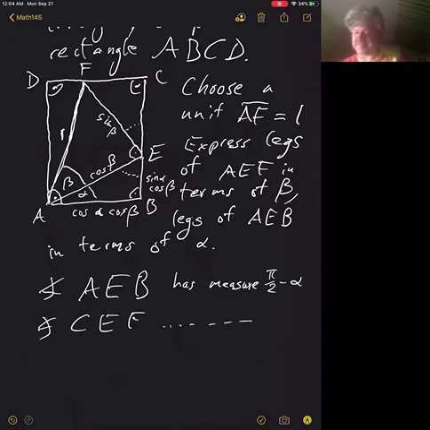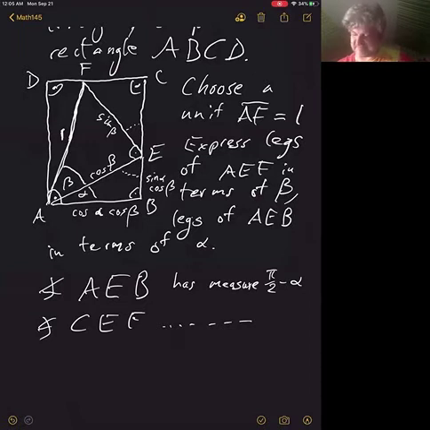As measure, pause the video, 30 seconds. What's the measure of that angle? We just said there's a pi over 2, 90 degrees minus alpha here. The first one that I dotted.